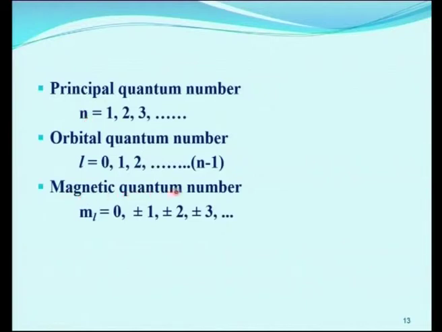And the third one is the magnetic quantum number, which is represented by the letter m l. It is equal to 0, plus or minus 1, plus or minus 2, plus or minus 3 etc. It is worth noting again the natural way in which quantum numbers appear in quantum mechanical theories of particles trapped in a particular region of space.